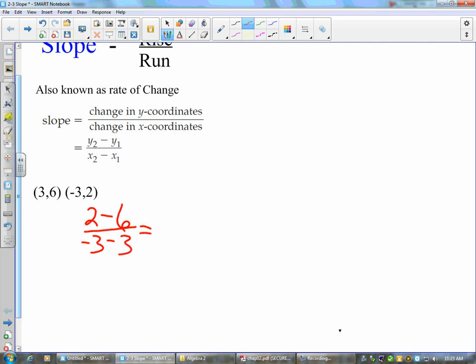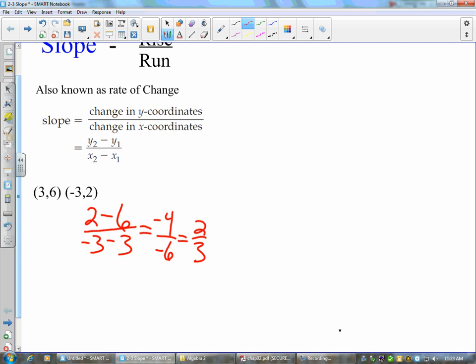Now when you solve these together, you'll get 2 minus 6 is a minus 4, and -3 minus 3 is going to be a minus 6. We can reduce that. A minus over a minus is a positive, and then divide both 4 and 6 by 2. We can simplify this down to 2/3.